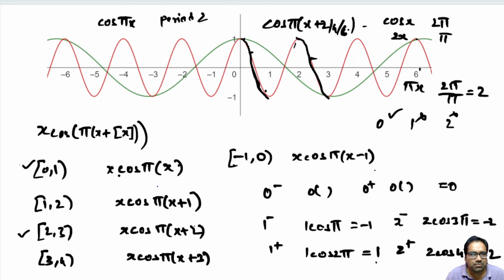Only difference is this part is multiplied by x, between 0 and 1. So at this point it is multiplied with 0. Then it increases until this point, where it is multiplied with 1. So x cos pi x will look something like this.